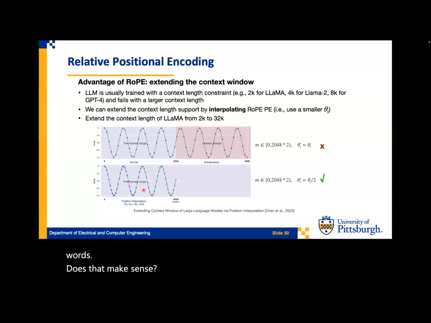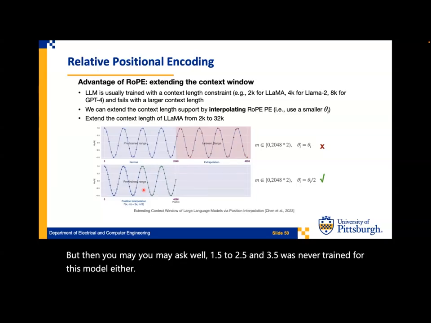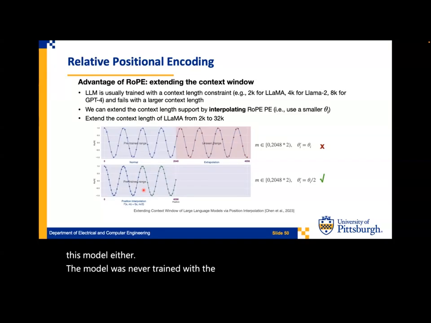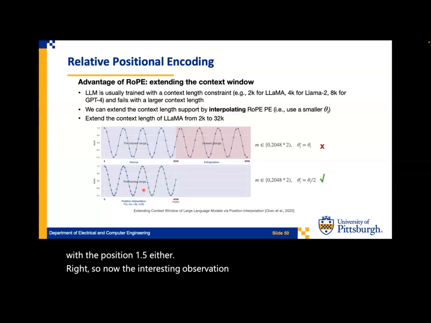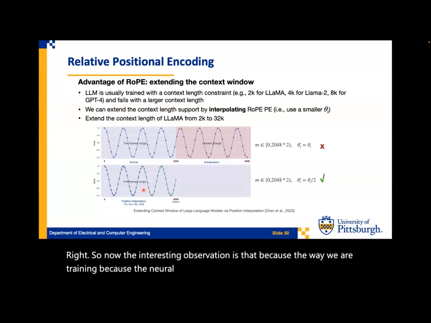But then you may ask, well, 1.5, 2.5, and 3.5 were never trained for this model either. The model was never trained with position 5, but it was never trained with position 1.5 either. The interesting observation is that the model is much better at interpolating than extrapolating.